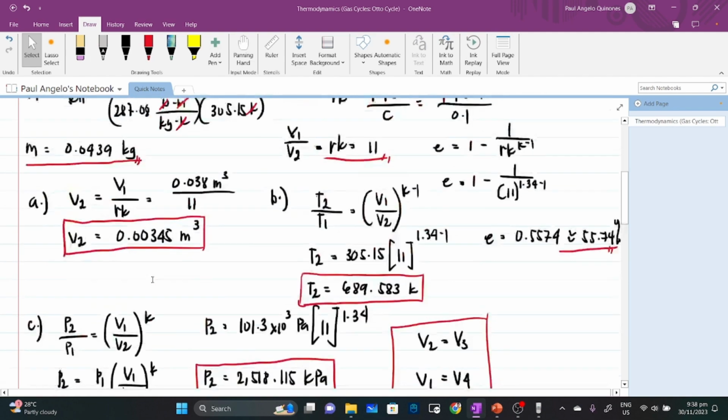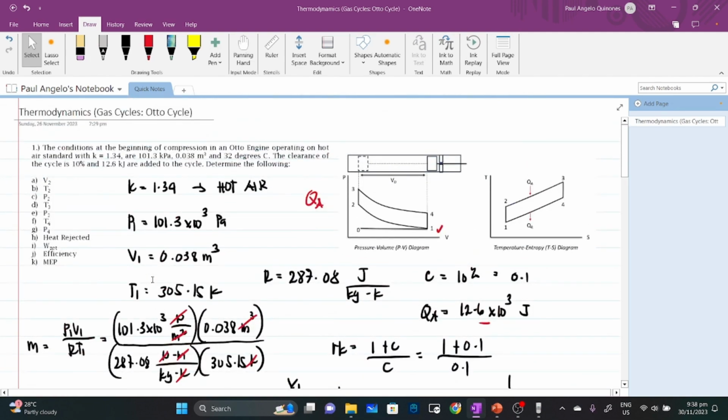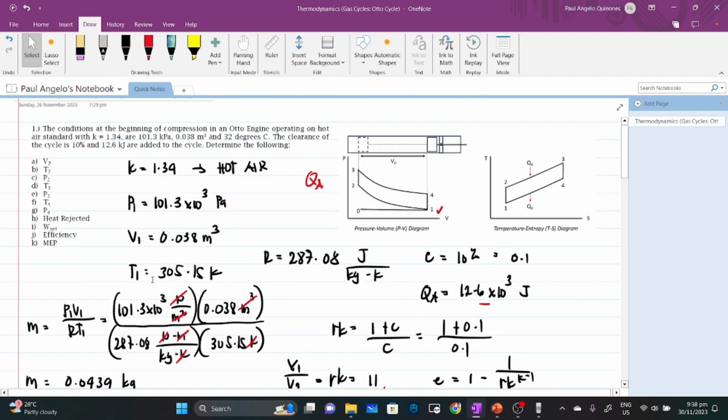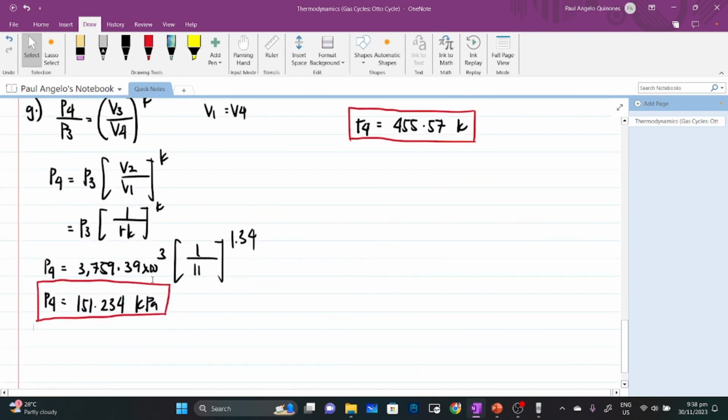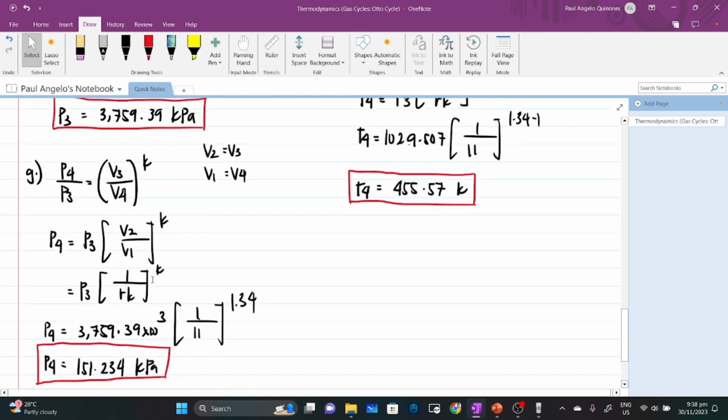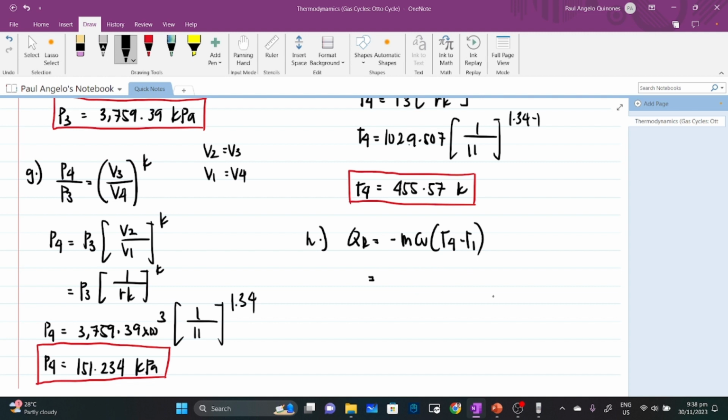The next condition that is asked of us is to compute for the heat rejected. Okay? So that is letter H. In the previous video, we know that heat rejected is negative m Cv (T4 minus T1). Let's try the two equations.